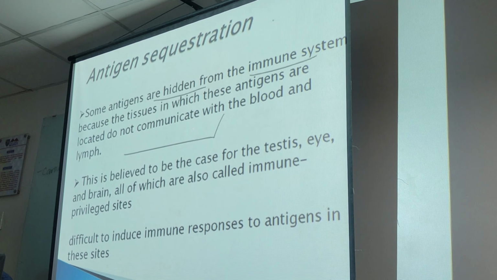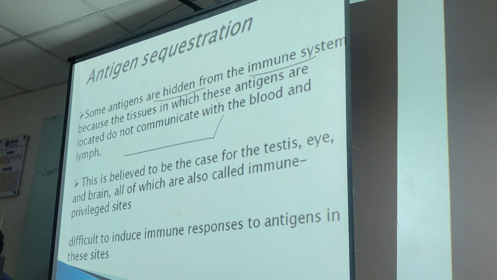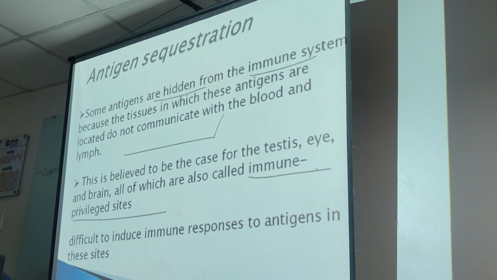But some organs are, I forgot the term, immune privileged, in such a way that antigens, bacteria, viruses can sort of hide there and not be exposed to the immune cells. Therefore, they are not exposed to the actions of these immune responses. So it's difficult to induce an immune response to antigens in these cells.